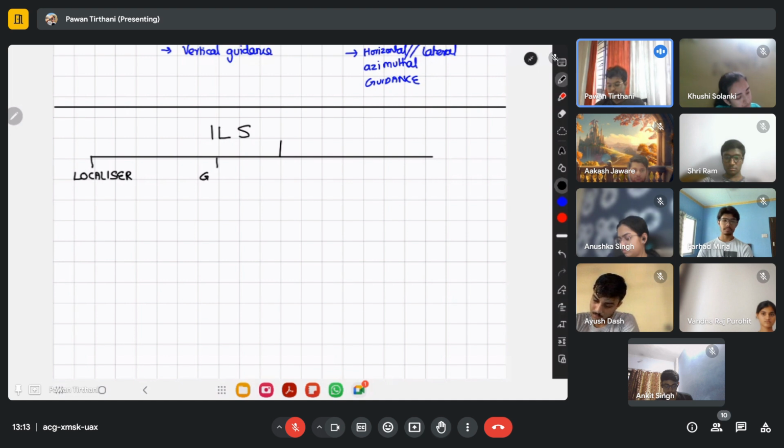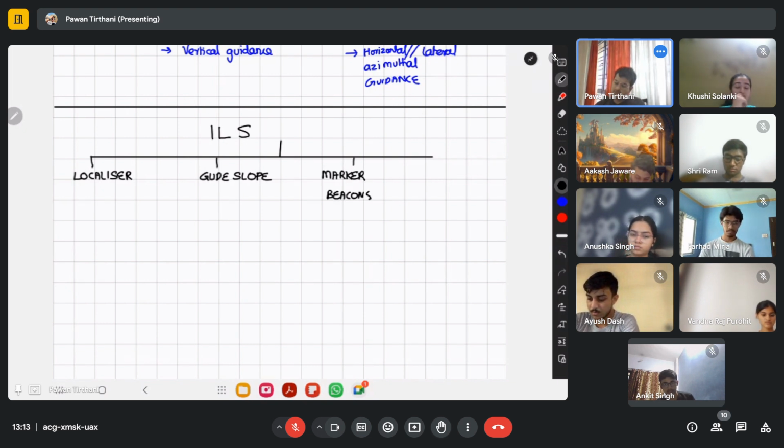Thereafter, we have the glide path or the glide slope. Then we have marker beacons. Lastly, we have ALS, approach lighting system.